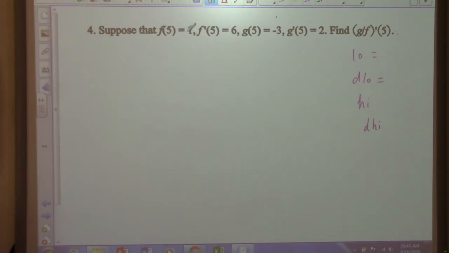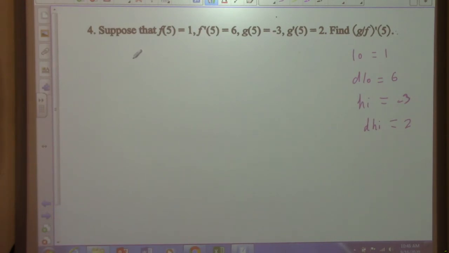Low is going to be 1, because that's F of 5. Really good. Okay, what's D low? 6. Negative 3. High is going to be negative 3. And D high is 2. So now we can assemble everything together.